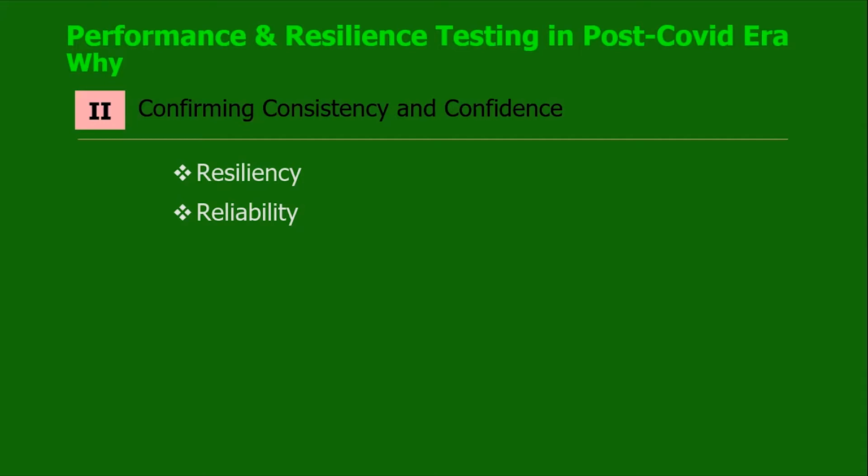Reliability gives you faithfulness, or trust, and this is a very important factor. Lastly, both resilience and reliability confirm the consistency and confidence every organization is now looking for, so that they can do business in the long run and create a brand identity for themselves.